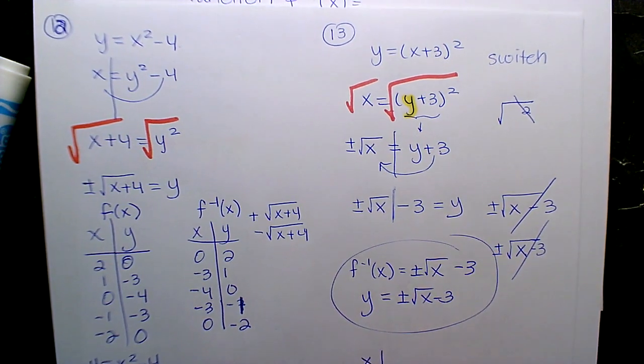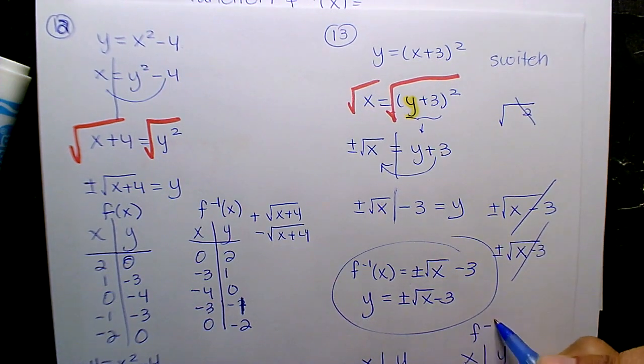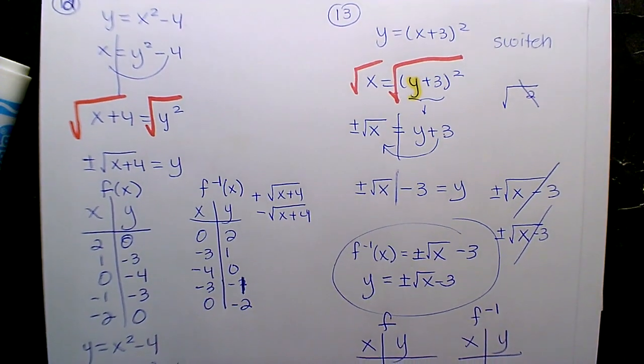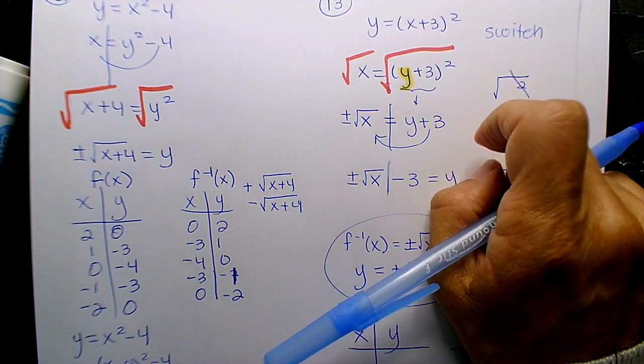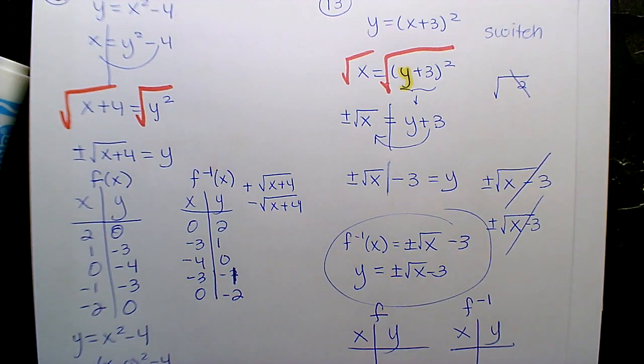But remember, if you want to graph your inverse function, go back to your original function. Okay, so what's my vertex here? What's my h? -3. What's my k? You don't see it, but what is it? The other commonality one. 0, right? Yeah?